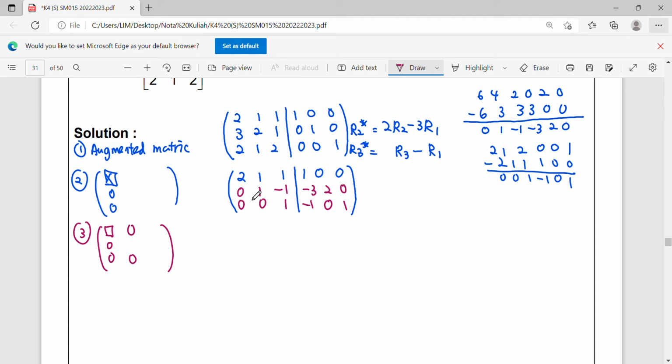The row that is not going to change will be row 2, right? This is the position of the identity. So row 2 is not going to change anything, so we maintain this result. Row 2: 0, 1, negative 1, negative 3, 0, 2.